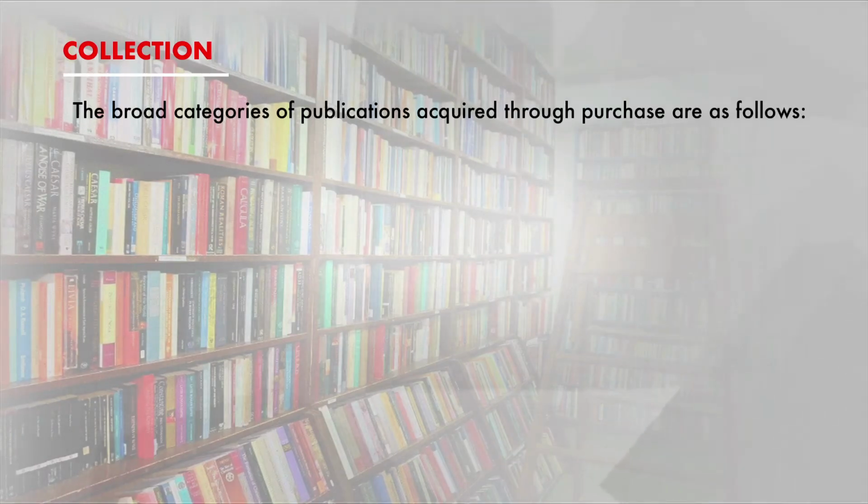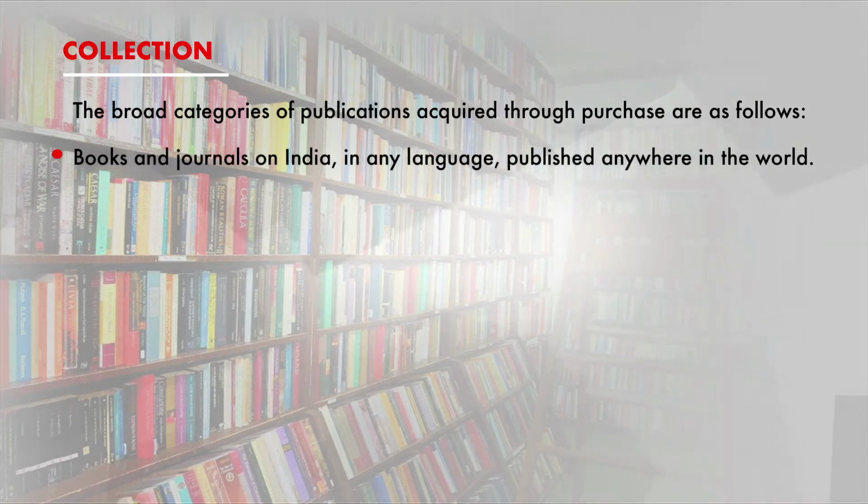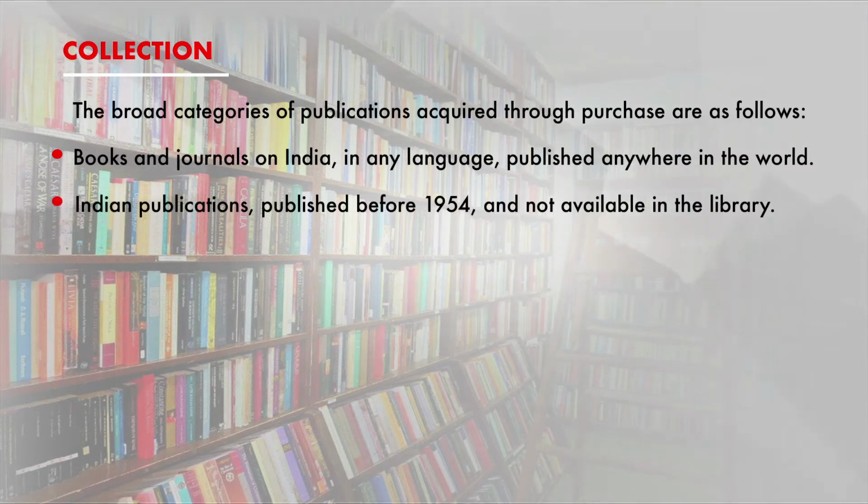The broad categories of publications acquired through purchase in the National Library are books and journals on India in any language published anywhere in the world, and Indian publications published before 1954 and not available in the library. Why before 1954?